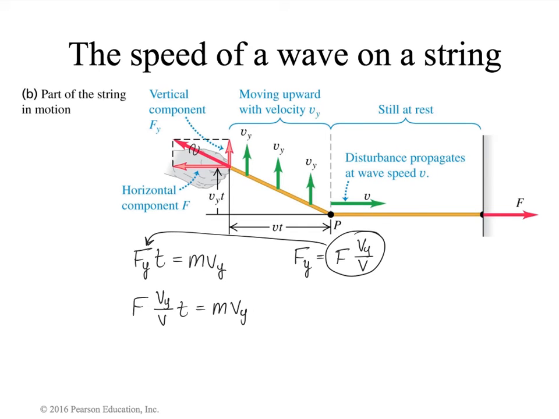And we notice that the V sub y is then on both sides, so that can be canceled. And the mass we can use would be equal to the mass per unit length times the length of the string, which would be v times t. This is the length right here.